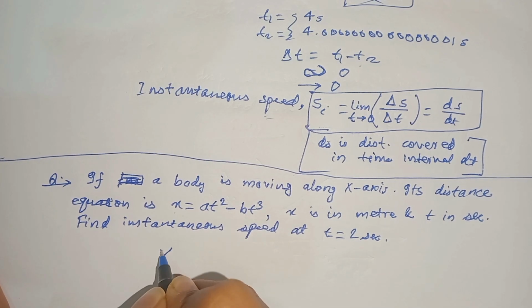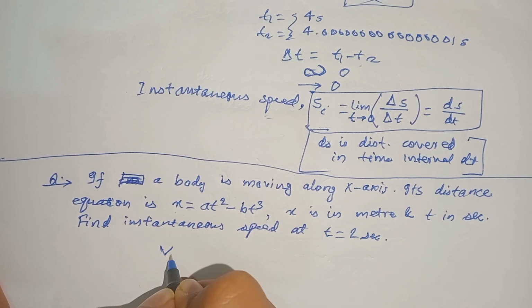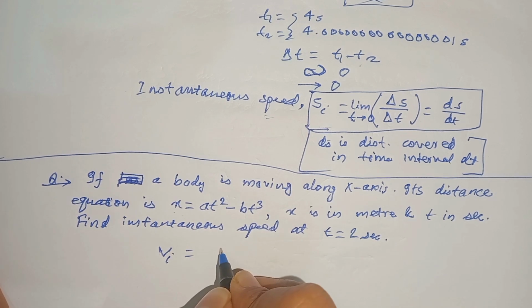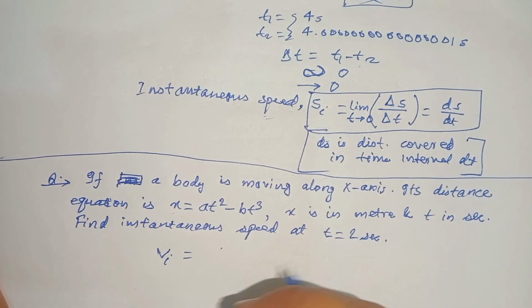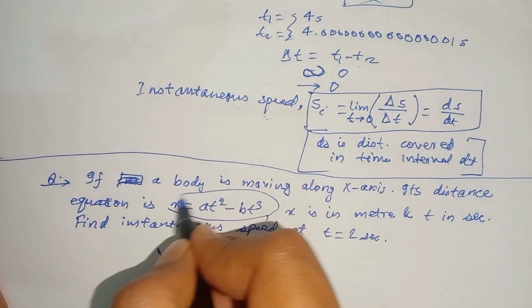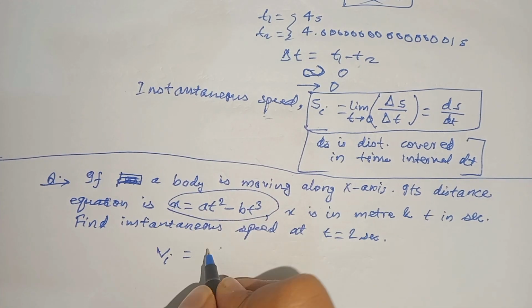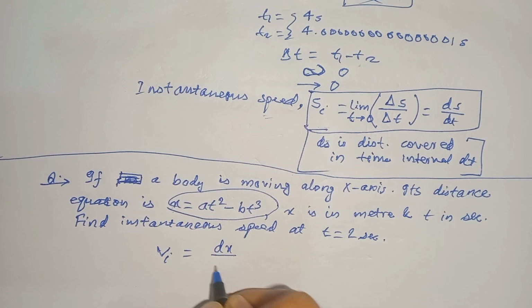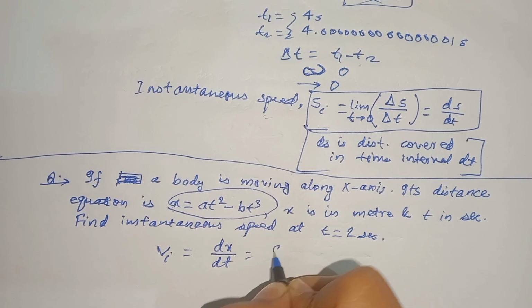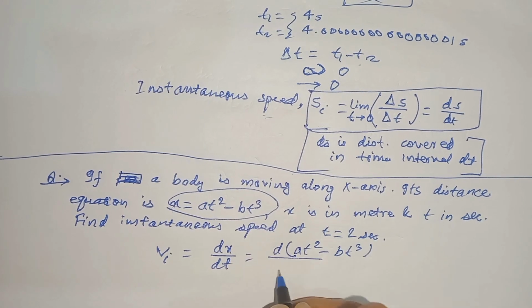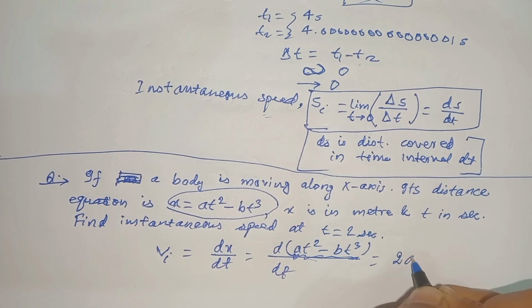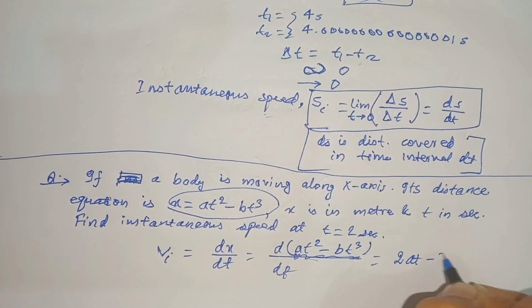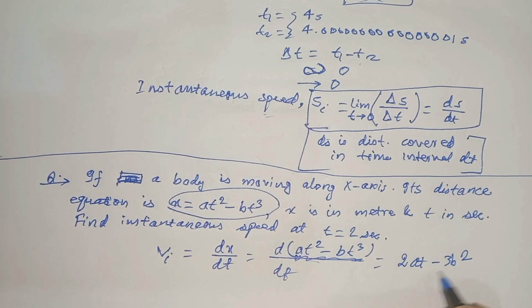Let the instantaneous speed be vi or si, anything we can say. We simply differentiate this equation with respect to time, so it is dx by dt. The result, on differentiating, is 2at minus 3bt square.